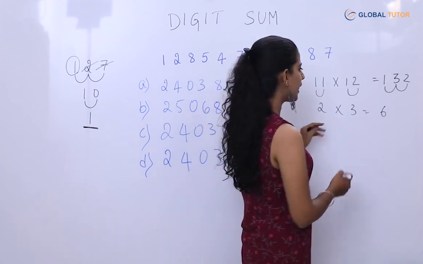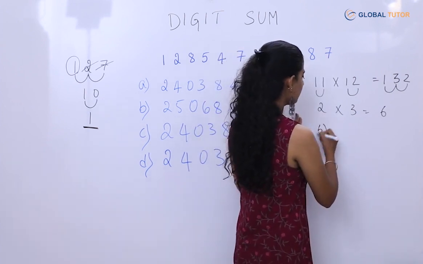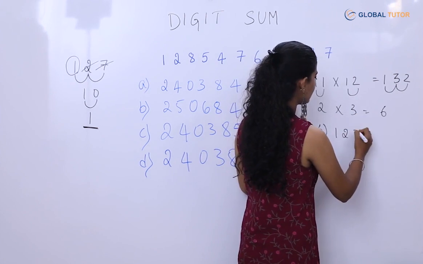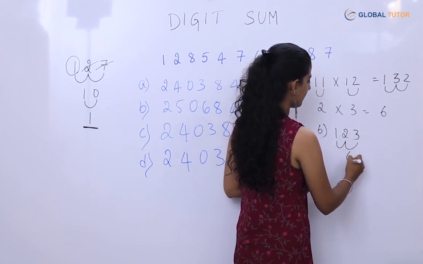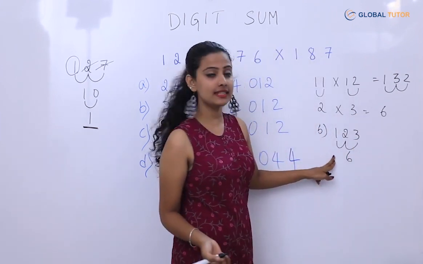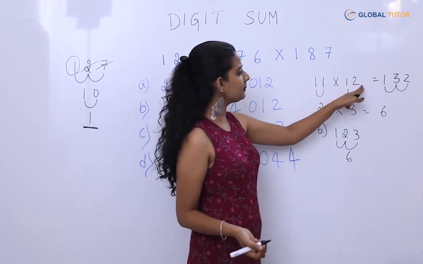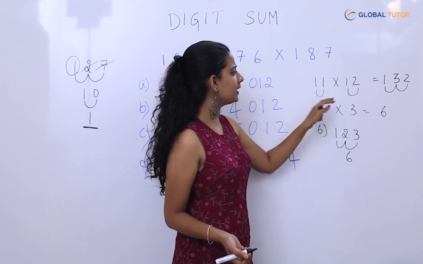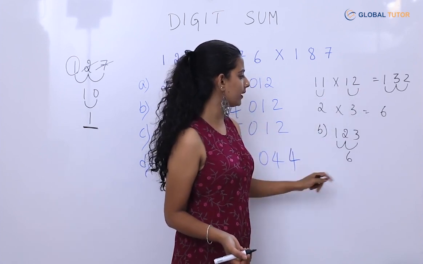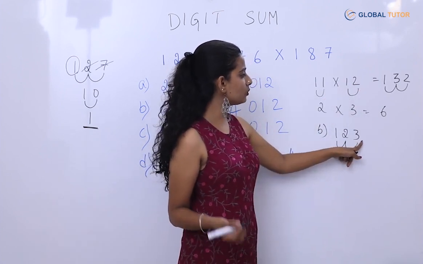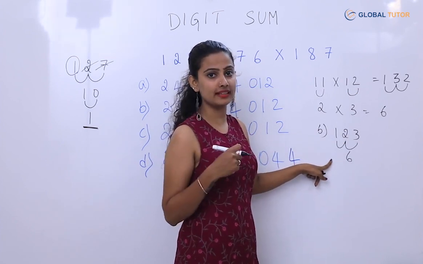Now imagine you had a second option, 123. The digit sum is still the same, 6. But is it correct? No. Why? Because the unit digit of the product should be 2, because 2 into 1 is 2. Here 3 is there, so this answer would not have been correct.